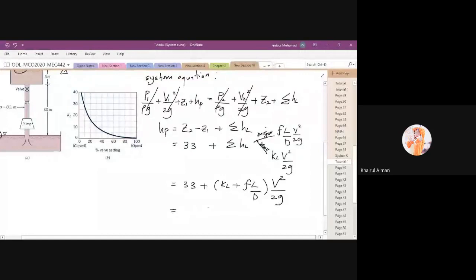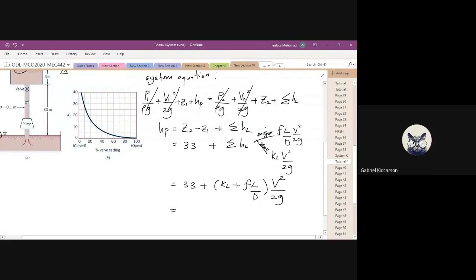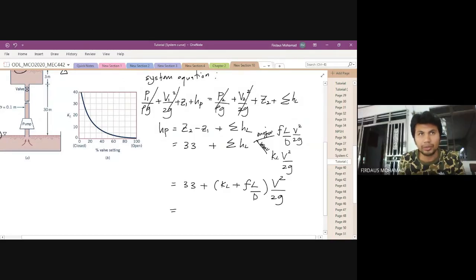Now f is given, and the length of the pipe is 30 meter. The diameter of the pipe is also given.